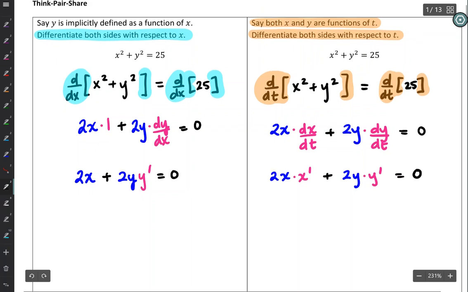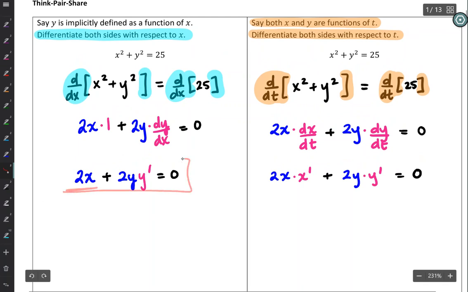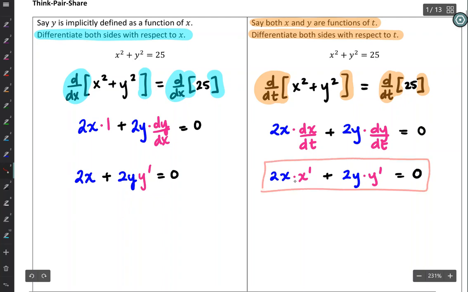All right, so the reason why we have these two problems juxtaposed to each other is sometimes people feel like, well, hey, when I did implicit differentiation, I took derivatives just like normal, but whenever I was taking derivative of y stuff, I always had to hit it with a y prime. And that's true because you are using chain rule. And now going from this line, all of a sudden, I'm having to hit everything with an x prime or a y prime.